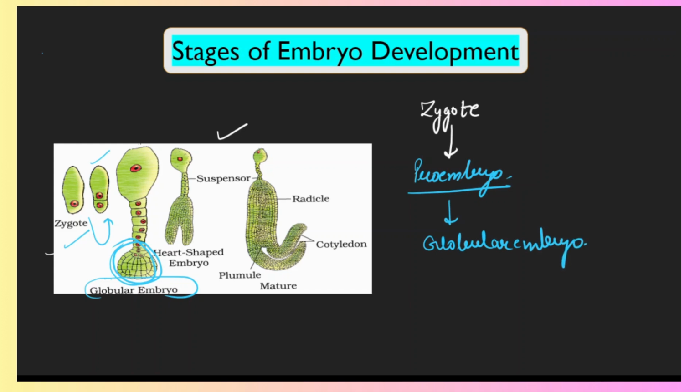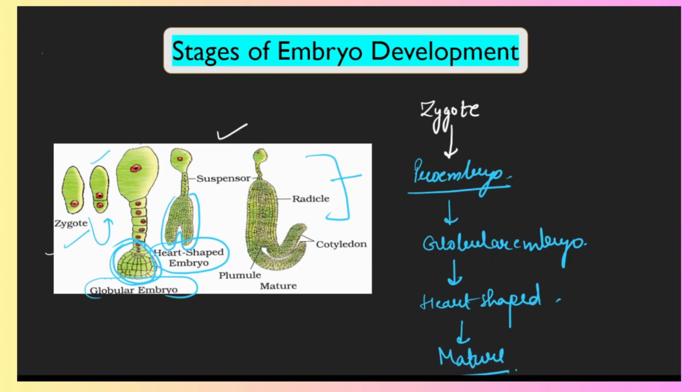Now after the globular embryo, which stage is there? Heart-shaped embryo. As you all can see, this is the heart-shaped embryo. Now this is the proper mature embryo. These are all the stages that come under the embryo development.